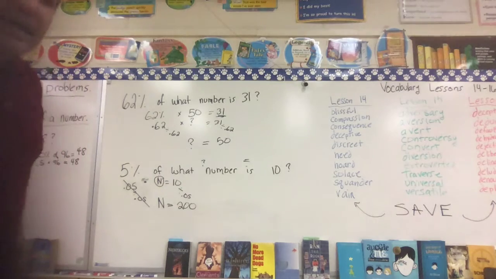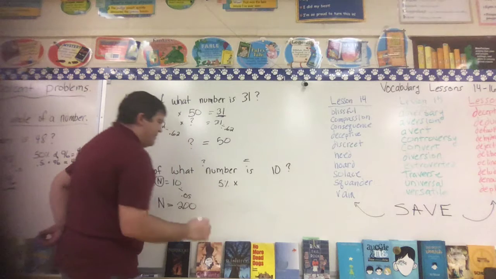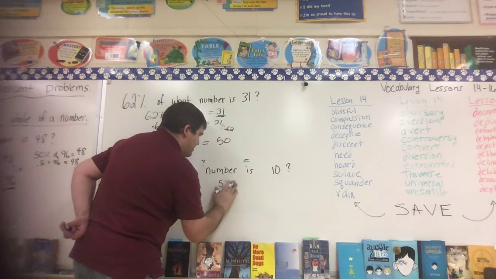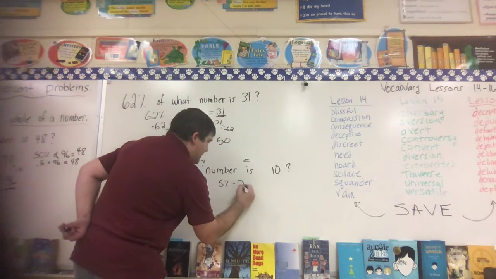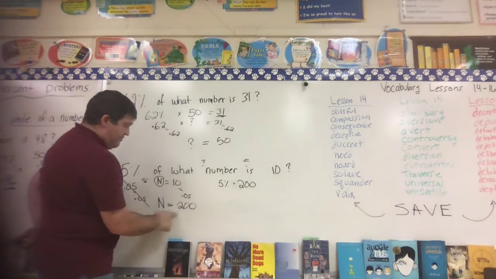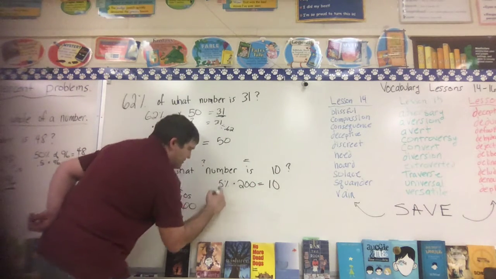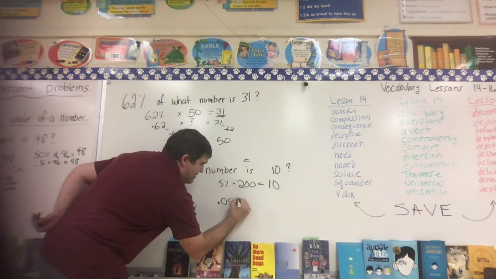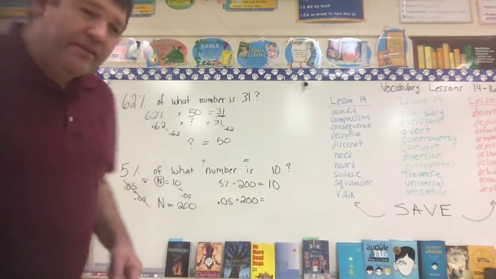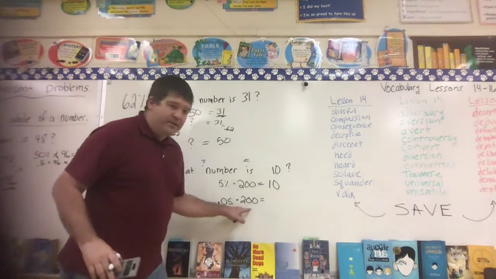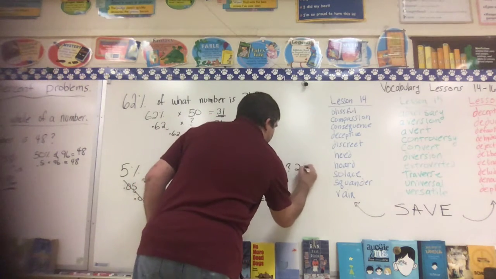Now, I do want to check that, because if I think 5% times n, which I think is 200, equals this 10, so this is 0.05 times 200. Now when I do it on my calculator, if I do 0.05 times 200 and I get 10, then I've answered this question correctly.